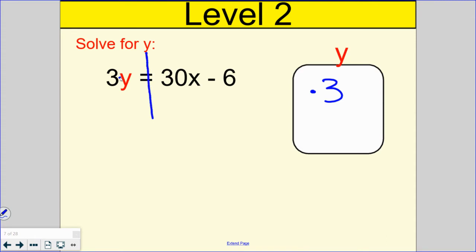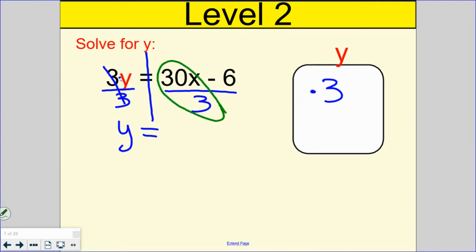Oh, I forgot the other slide to show you both ways. So I'm going to show you here that dividing both sides by 3 can be written like this. We're going to divide both sides by 3. And I'll show you on this one since I forgot on the last one. We know 3 divided by 3 is 1. We're going to get y equals. And we know we can still, if you prefer, do 30x divided by 3 is 10x.